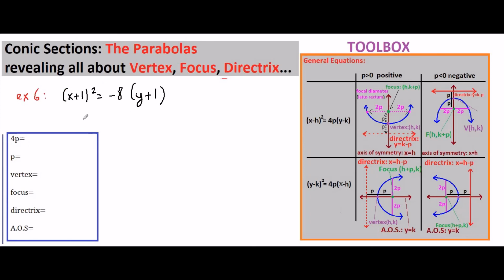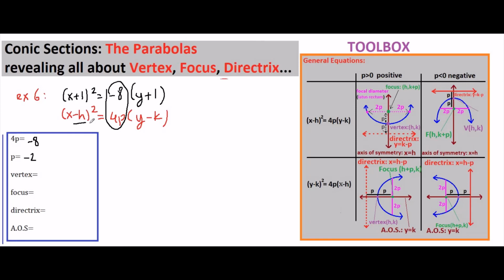Our example 6 is (x plus 1) squared equals negative 8 times (y plus 1). Our equation is in the form (x minus h) squared equals 4p times (y minus k). If we match, this is our 4p, and negative 8 divided by 4 is negative 2.